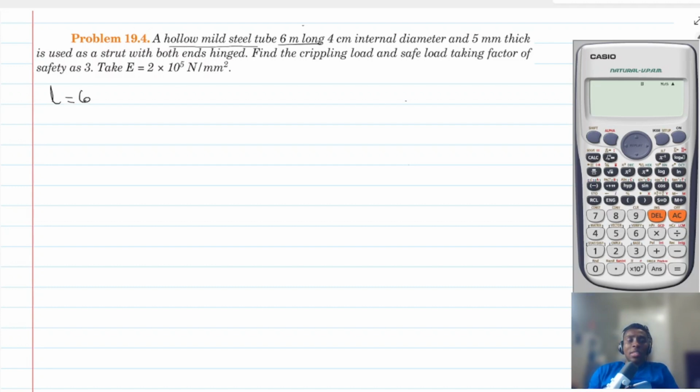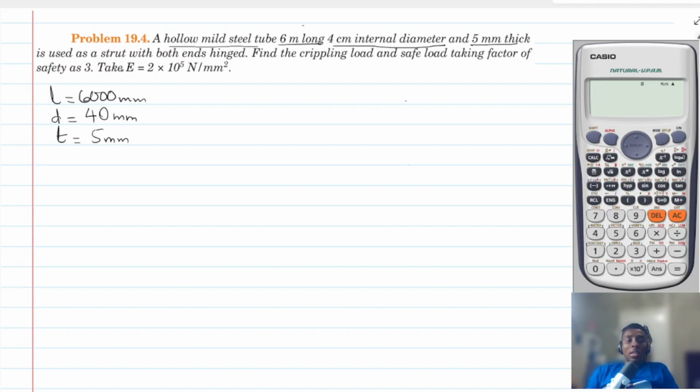So the length is 6,000 millimeters, and then the internal diameter, let's call that small d, is 4 centimeters, which is 40 millimeters, and then 5 millimeter thickness. That is the thickness, and that's 5 millimeters.